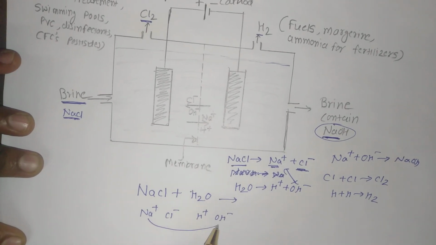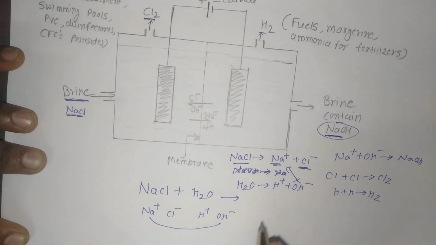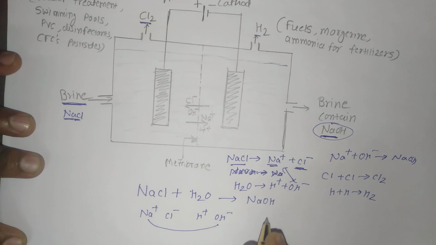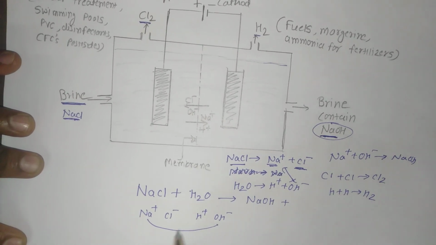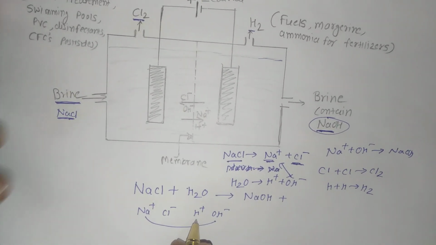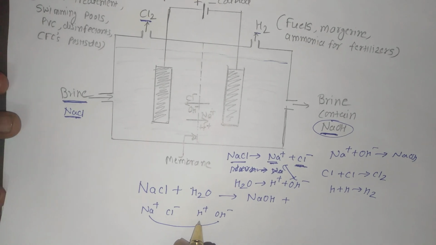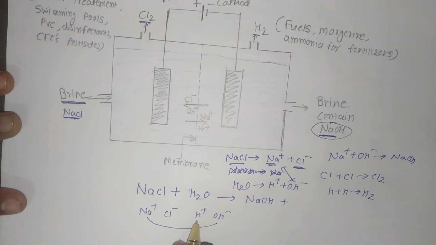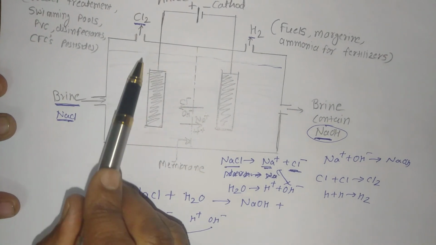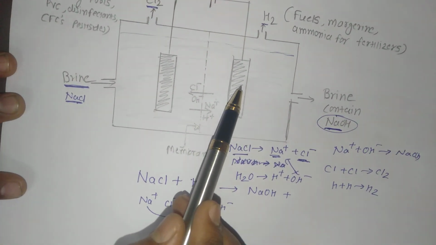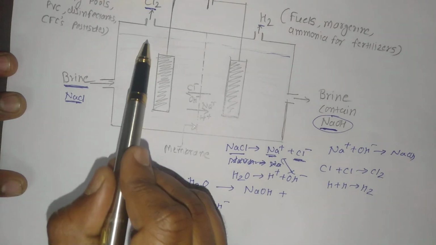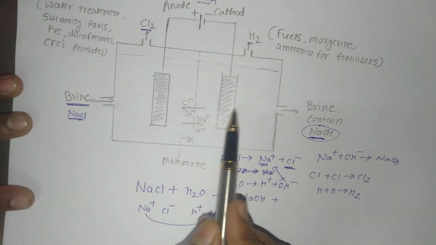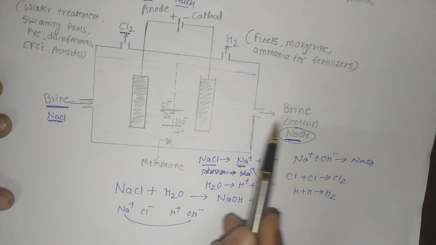So Na and OH will combine to form NaOH, that is sodium hydroxide. H and Cl could combine to form HCl, but as it is an electrolytic process, they will not combine. Instead, the chlorine will move towards the anode and the hydrogen gas will move towards the cathode. We can separate chlorine gas from here and hydrogen gas from here, and the brine containing NaOH will be taken out from this.